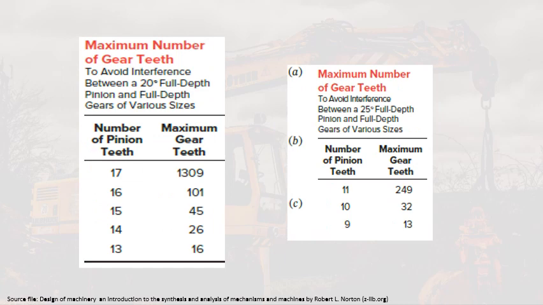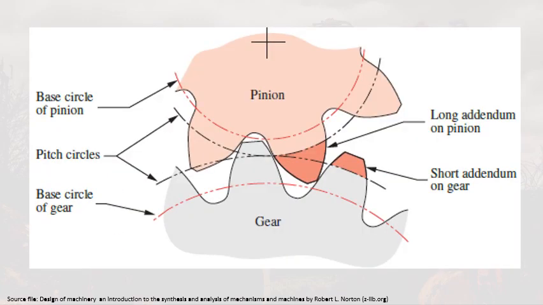For the maximum number of gear teeth, on the other hand, which is the larger of the mating gears, to avoid interference between a 20 degrees full depth pinion and full depth gears of various sizes, we can have also this table to get the number of pinion teeth and the maximum gear teeth equivalent to that. Same also for 25 degrees. Profile shifted teeth with long and short addenda to avoid interference and undercutting is shown here in this diagram.